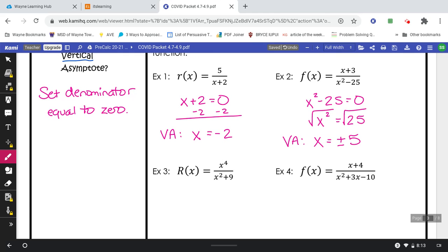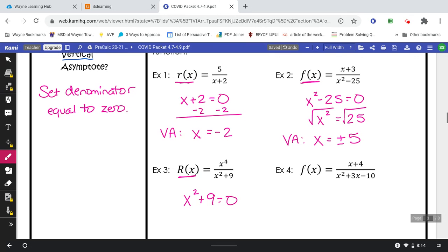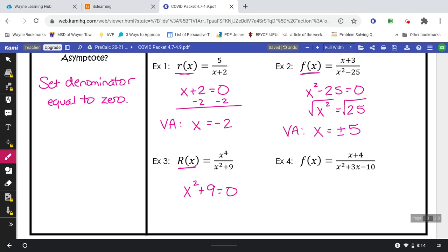For problem number 3, notice each of these has a slightly different notation. One has a little r, one has an F, one has a capital R. Those don't really matter, just different ways of writing it. I'm going to take my denominator, set it equal to 0. Do nothing with the numerator. That's not important to us right now. Subtract 9 from both sides. Square root.